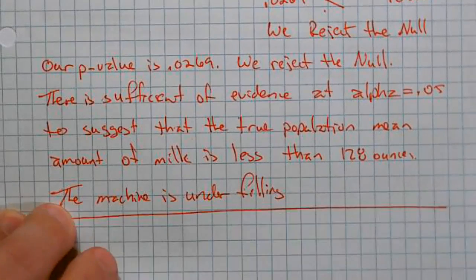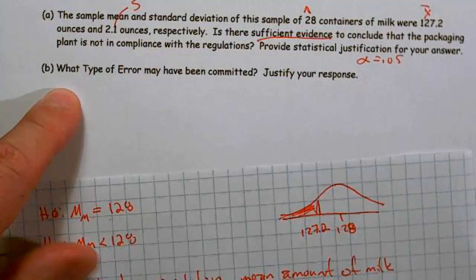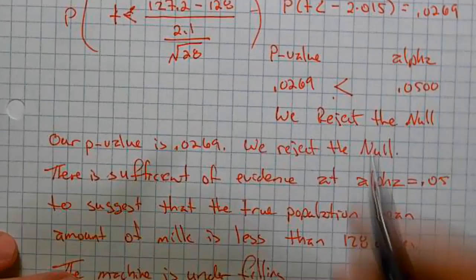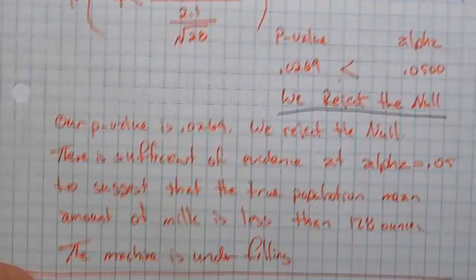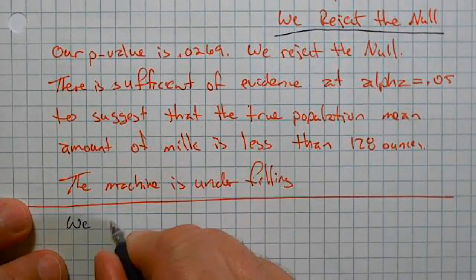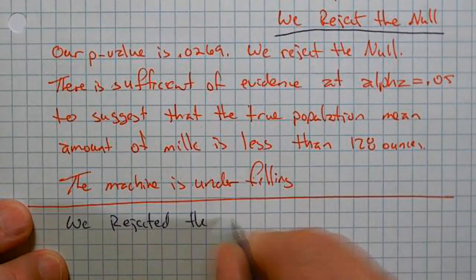Okay, the next part. What type of error may have been committed? Well, what was our decision? We rejected the null.